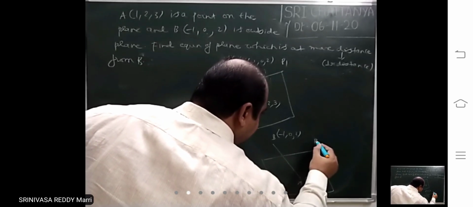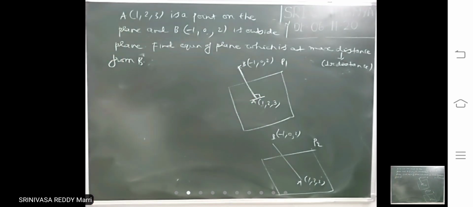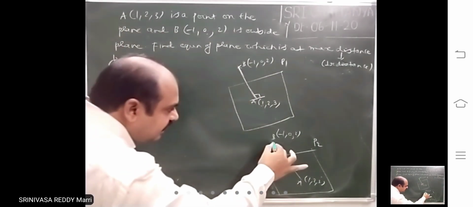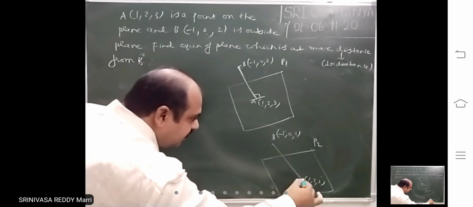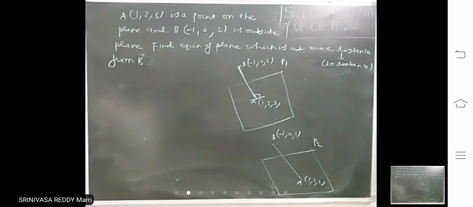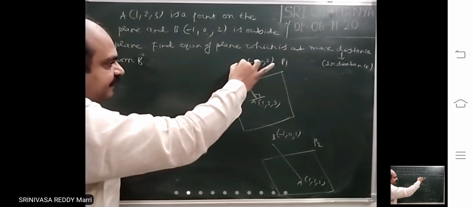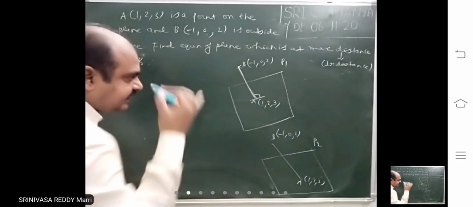Let us say this is plane 2. Like this also a plane is possible, but this is not normal. From B, this is not the foot of perpendicular. Right? Now look, this plane has perpendicular distance of AB length.